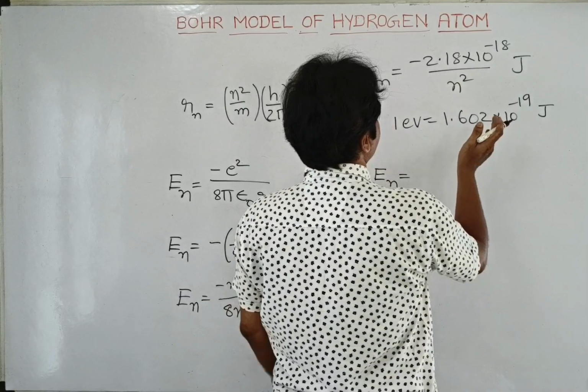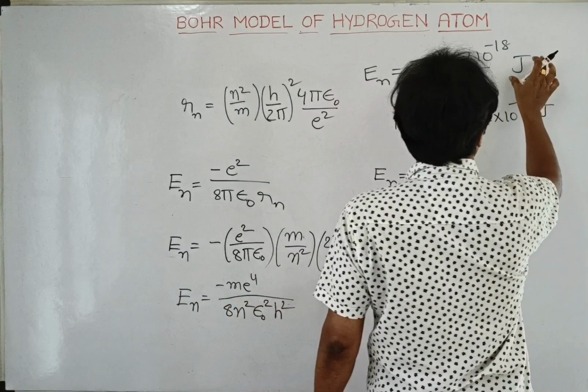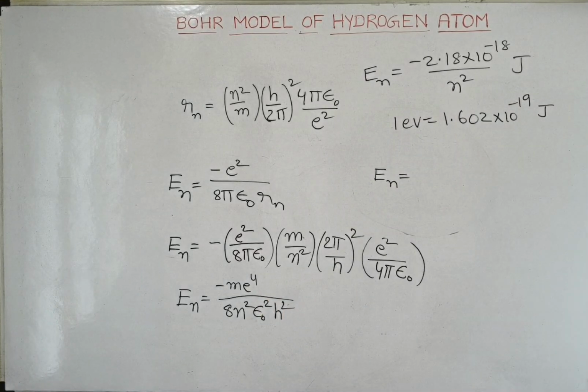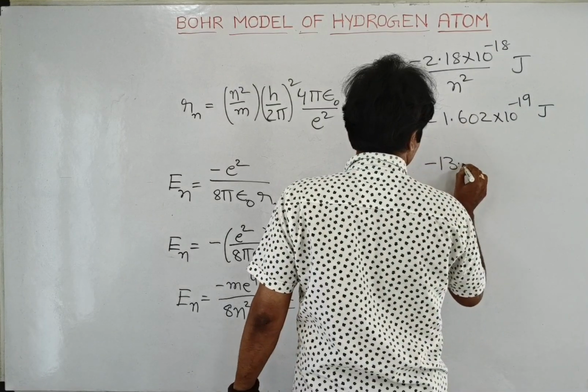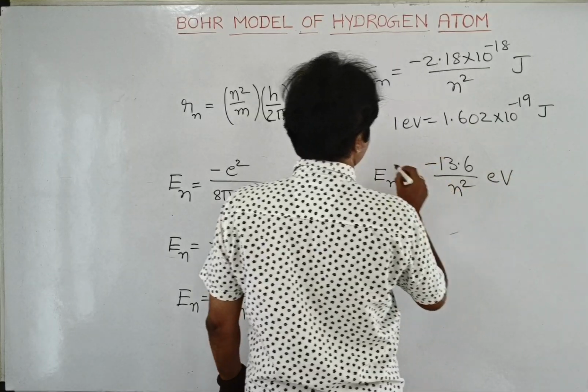So you simply divide this one with this value, and you will get that in electron volts. The final value will be minus 13.6 by n square electron volts.